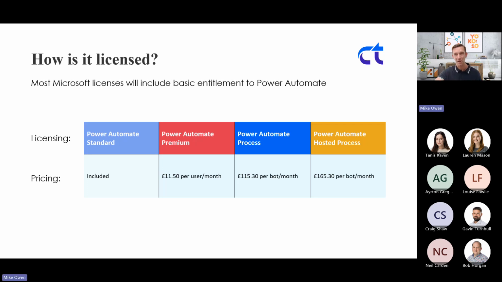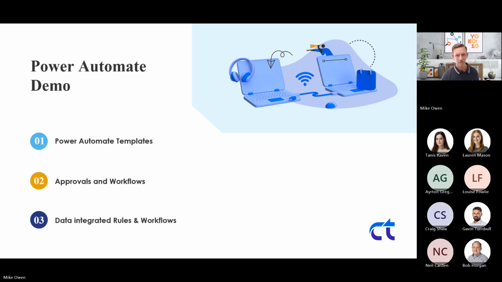And if we want to have that all hosted by Microsoft within Azure, we've also now got the hosted process license. Right, I'm going to switch over, share my screen, and we will have a little look at some of the options.